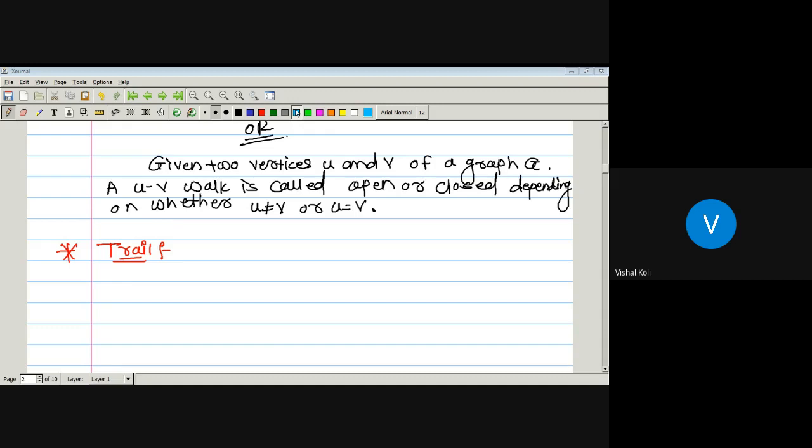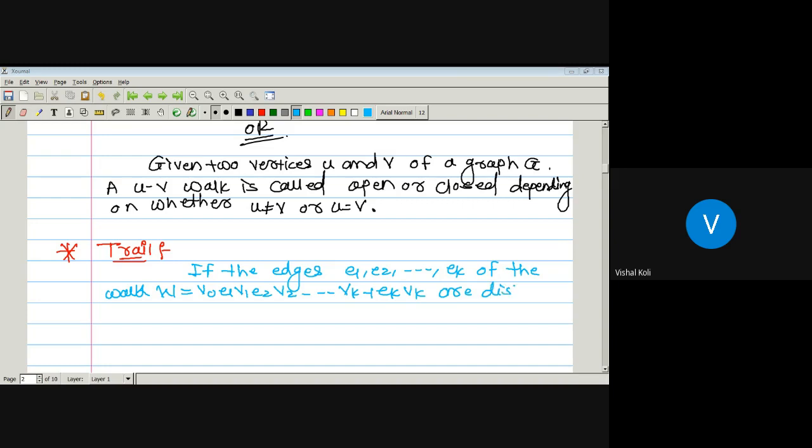See, if the edges E1, E2 up to EK of the walk W are distinct, that is, W is V0, E1, V1, E2, V2 up to Vk minus 1, Ek, Vk, with distinct edges, then W is called a trail.